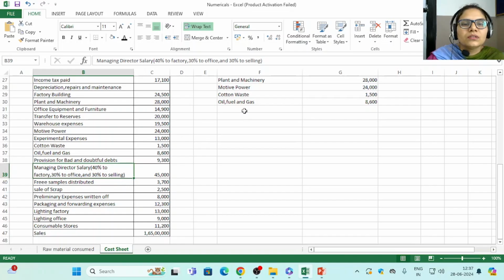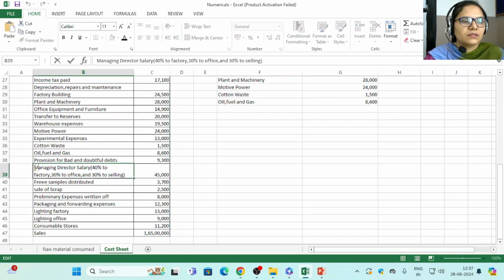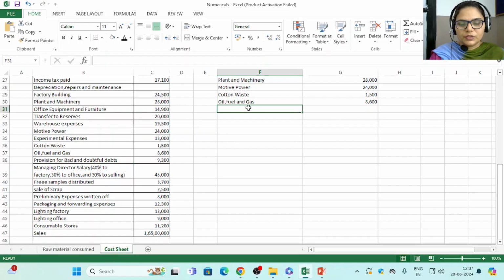So the managing director salary, 40% which belongs to the factory, that is 40% of rupees 45,000, is 18,000.